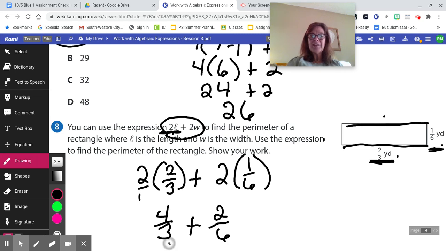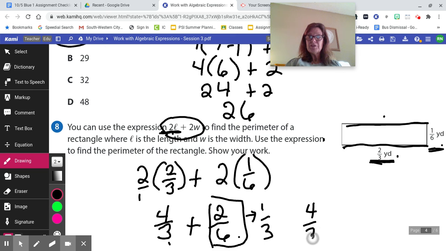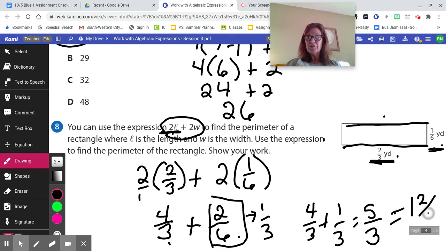I can't add fractions with different denominators. But this one right here can be simplified to be 1/3. Now I can add the two together. 4/3 plus 1/3 is 5/3, which is the same as 1 and 2/3. So you should have gotten 1 and 2/3 yards.